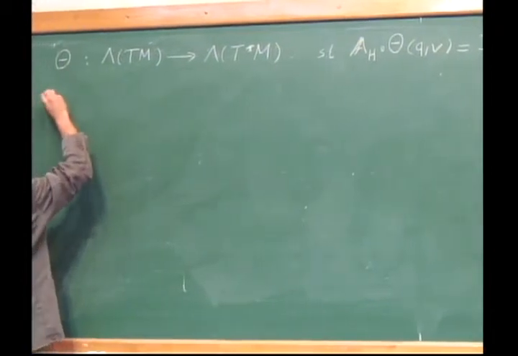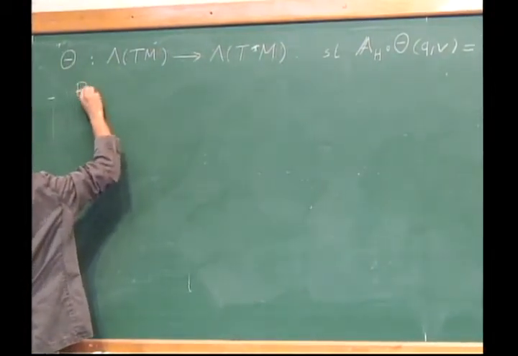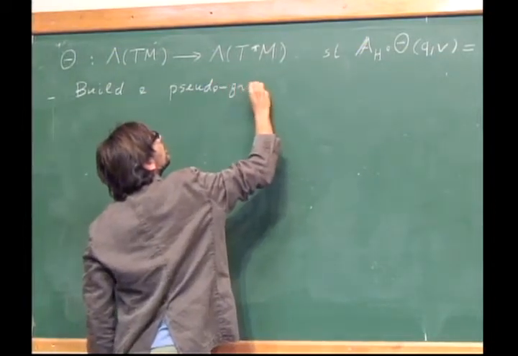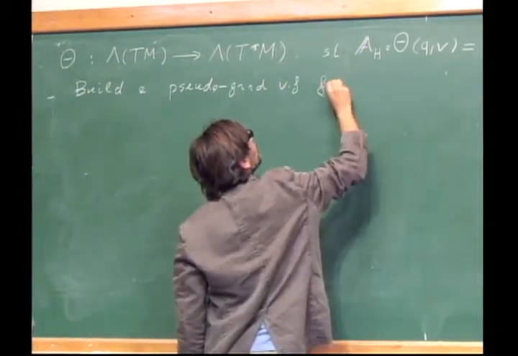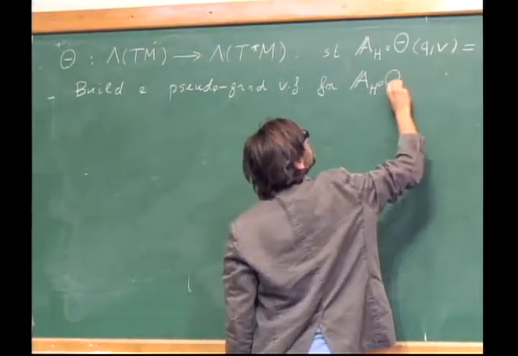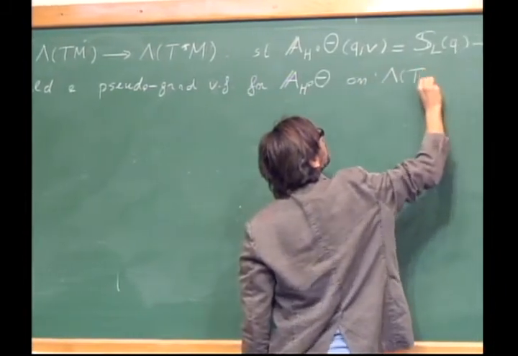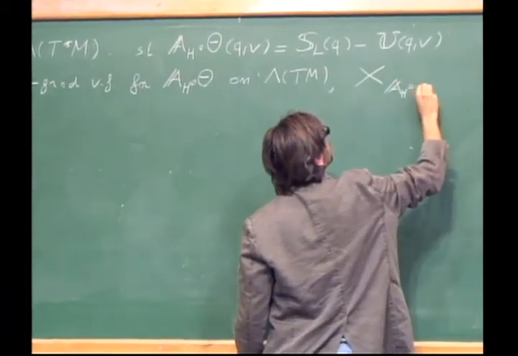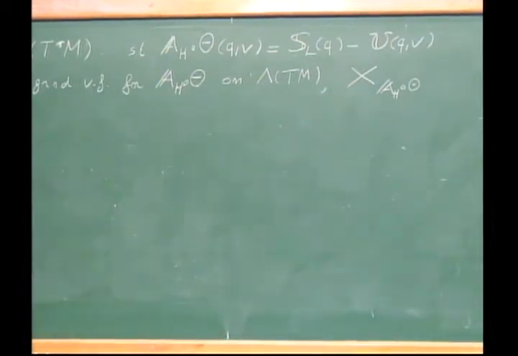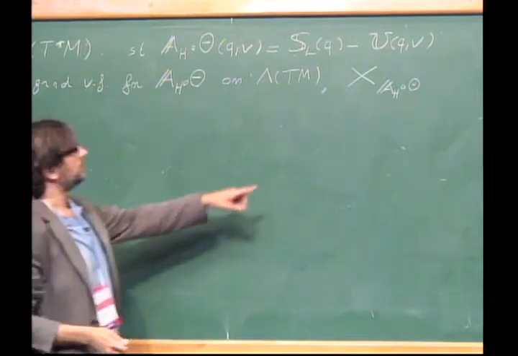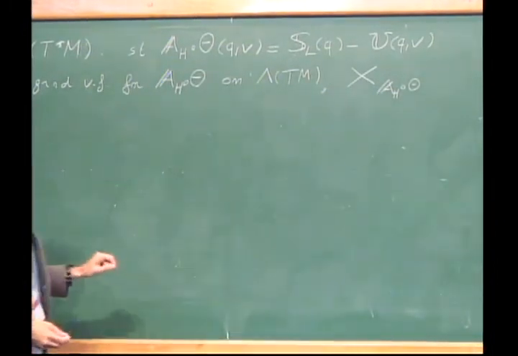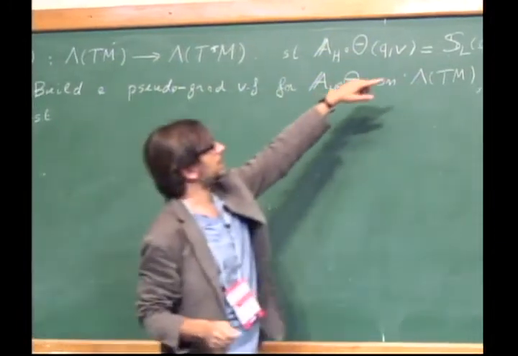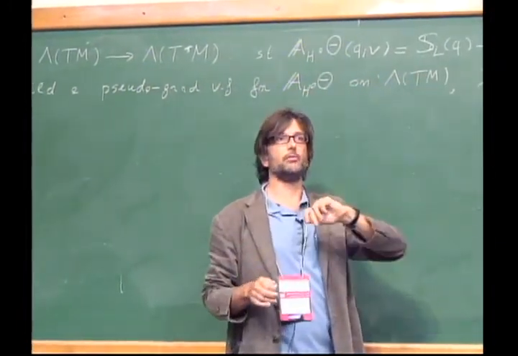So the first fact: build a pseudo-gradient vector field for A_H composed theta on Lambda TM, and let's call this pseudo-gradient vector field X_{A_H composed theta}. I always write also the function here so that I remember to whom the vector field refers, with the following properties. Because the function is like this, I can make the 0 section invariant.